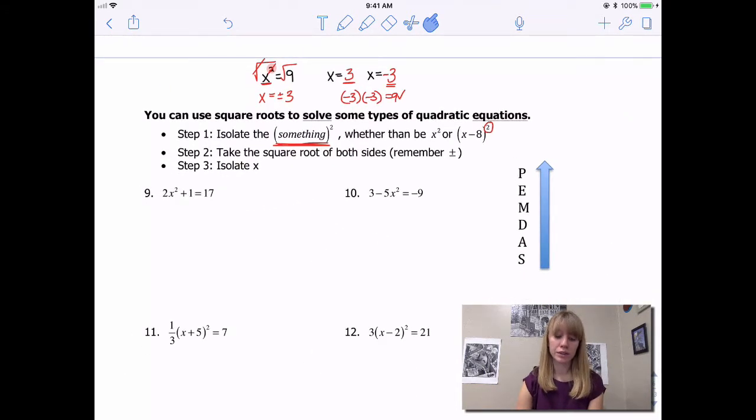And then we're going to take the square root of both sides, and remember to do our plus and minus, and then we're going to get x by itself. This is going to come back again now, PEMDAS backwards. The first thing we look for is something to add or subtract, then multiply and divide, then deal with our exponents. Today our exponent is going to be our x squared, and then do the parentheses.